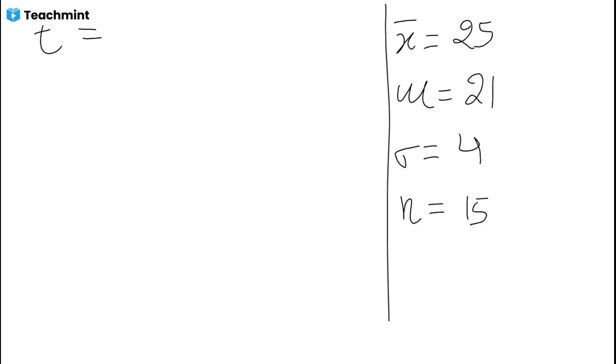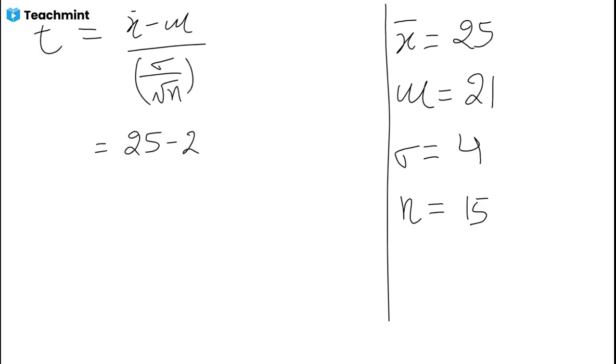We need to find the value of t. The formula is x bar minus mu over sigma over square root of n. Now put the values: 25 minus 21 over sigma is 4, square root of 15.